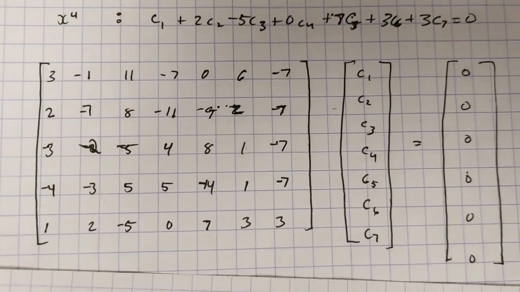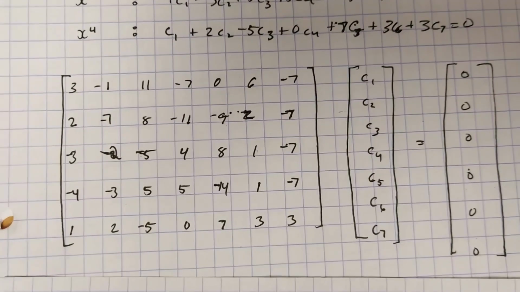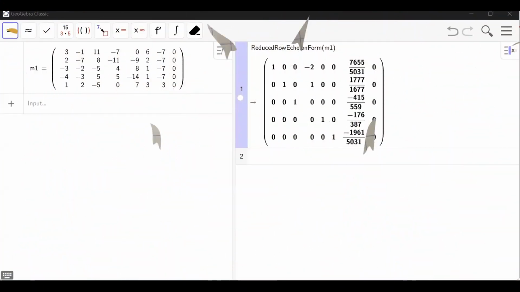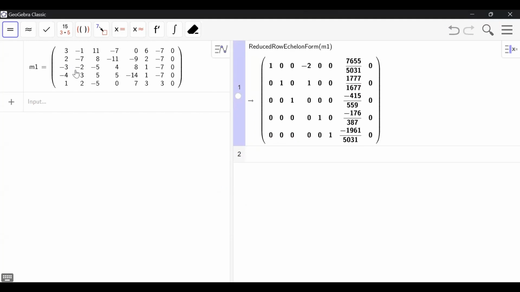All right, so we put this into GeoGebra. After entering in the matrix, what we found is when we do reduced row echelon form, you can see here we have a pivot and a pivot and a pivot.